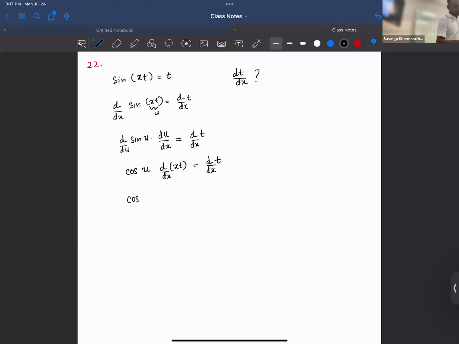Cosine u is just cosine xt. And this is what? A product, right? So you can use the product rule: t times d over dx of x plus x times d over dx of t, equals d over dx of t. Does that make sense?